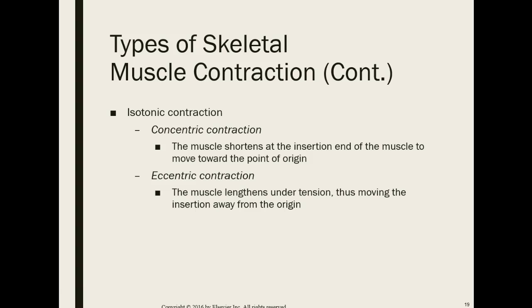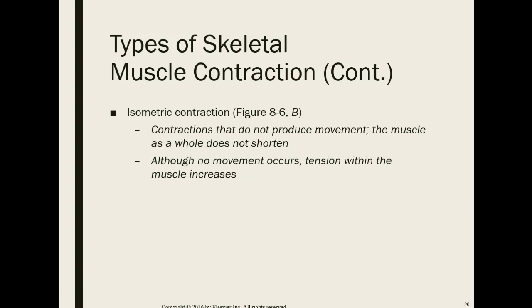So this is going to be flexion, whereas in an eccentric contraction, the muscle lengthens under tension, moving the insertion away from the origin. An example of this would be extension. Anytime that a muscle is changing length, it's an isotonic contraction. So most types of body movements are going to be isotonic. Anytime we're moving something, it's isotonic.